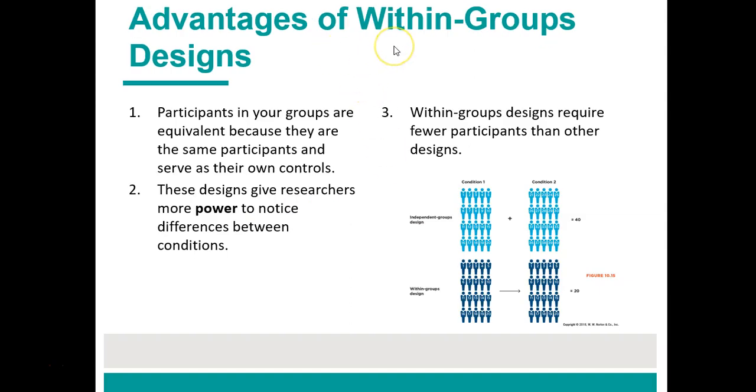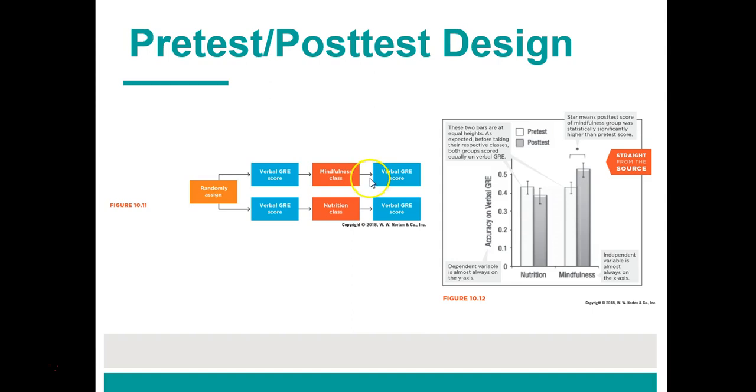So advantages of within subjects designs is that participants serve as their own control. So like this, we can compare each person's score before and after the mindfulness class and before and after the nutrition class. And so we say that each person is their own control, and there's no better control than your own self, right?